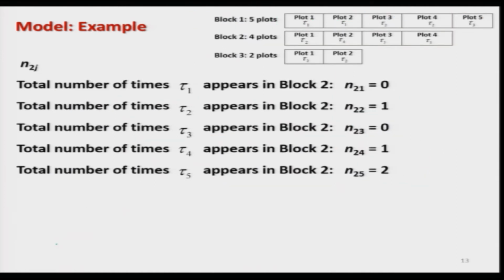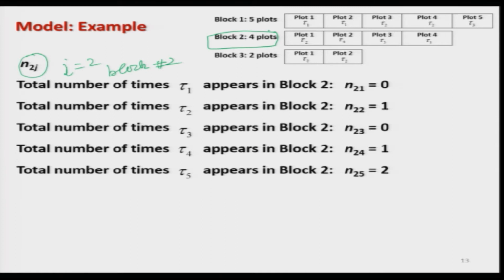Similarly, if you consider N2j, that is i equal to 2, which is block number 2, now you have to concentrate only on this block number 2. You can do the similar exercise and count how many times a particular treatment is occurring in block number 2.